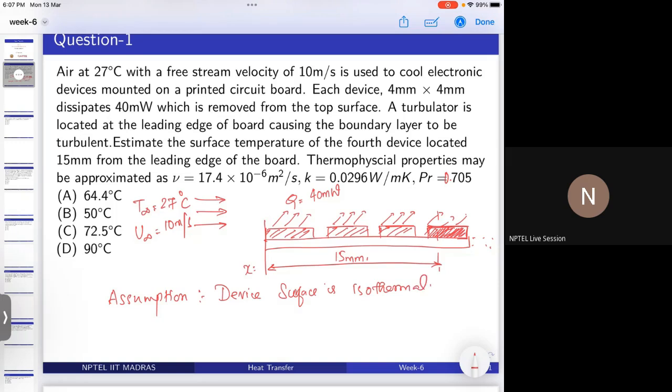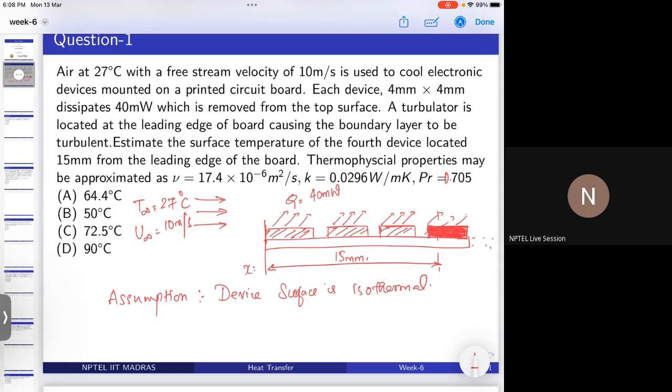Our area of interest is the fourth component. So it's like flow over a flat plate with constant surface temperature. Our area of interest is the fourth, but the flow happens from the leading edge up to there.